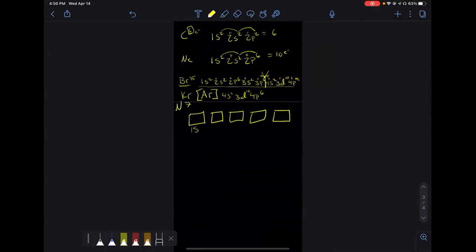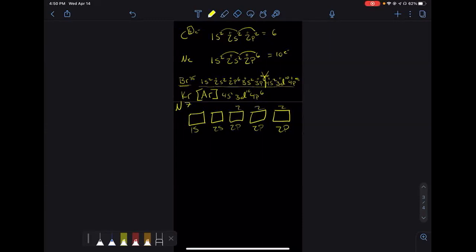This is going to be the 1s, this is going to be the 2s, and these ones are all going to be 2p's. In total, the p orbitals can hold 6 electrons, so 2 each: 2, 2, 2.